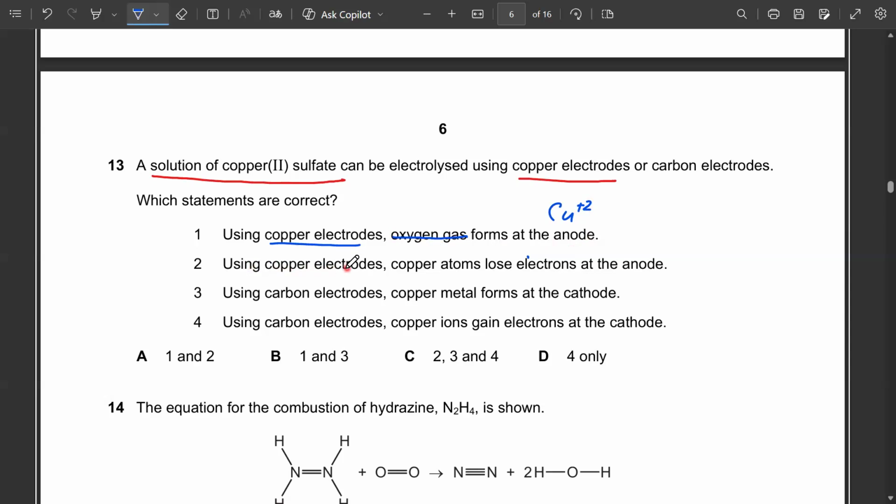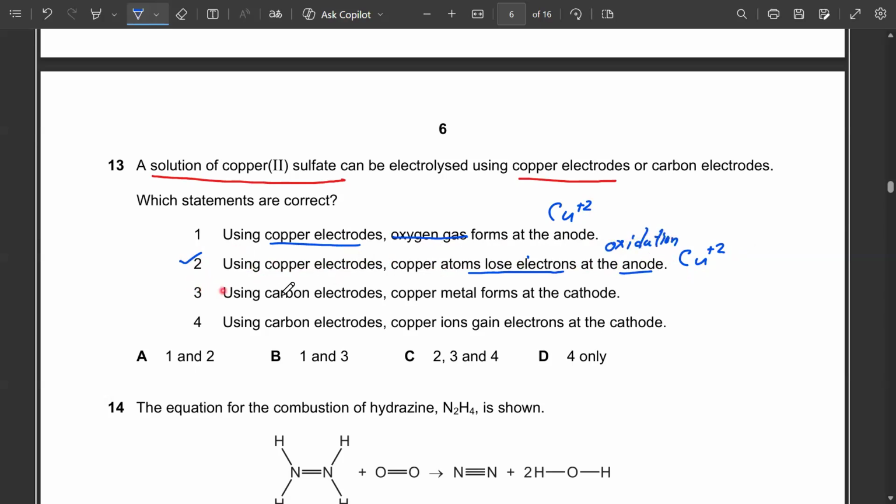In case of copper electrodes, the copper atoms lose electrons at the anode to form Cu2+ ions. Loss of electrons means formation of Cu2+ ions. That is a correct statement. And at the anode, we remember it's the oxidation reaction, that is, loss of electrons.